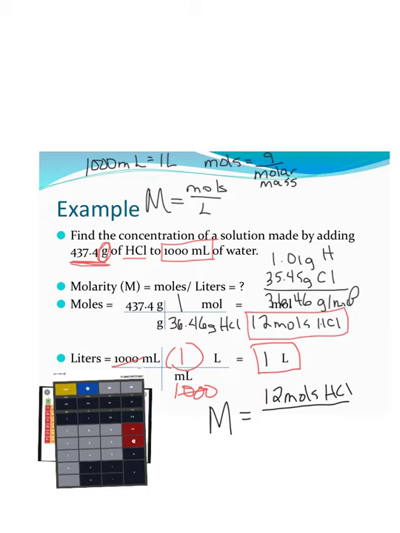So we're going to put 1 liter on the bottom. And again, relatively simple answer we should get here. 12 divided by 1, our M is equal to 12. And again, our unit for concentration, or aka molarity, is capital M. That's our answer.